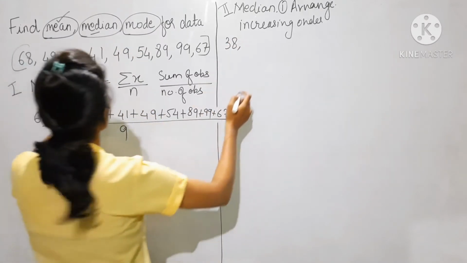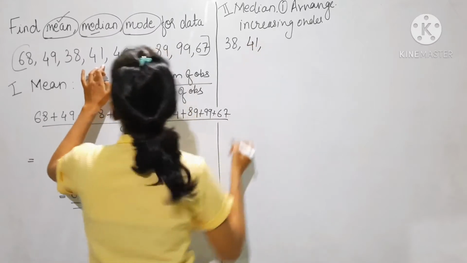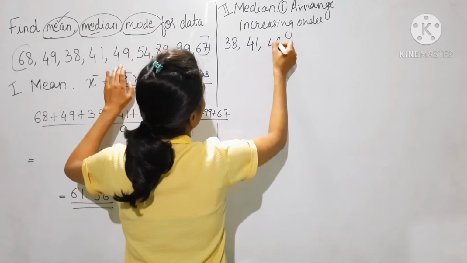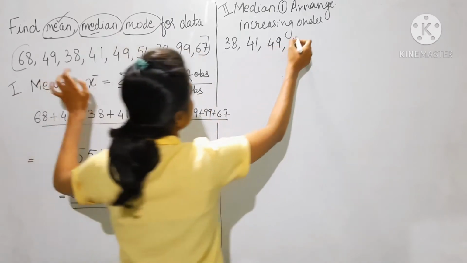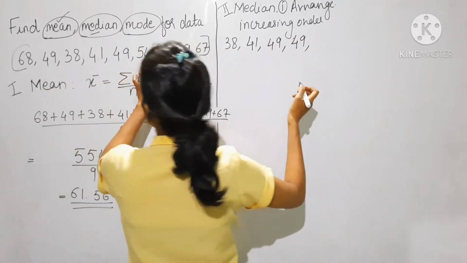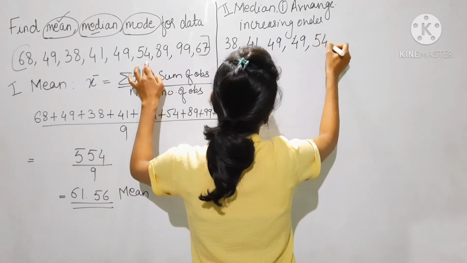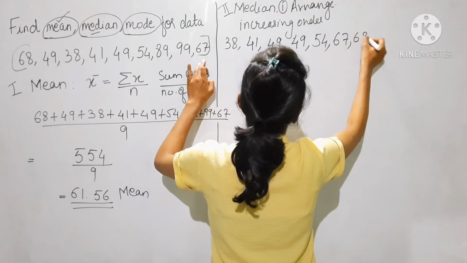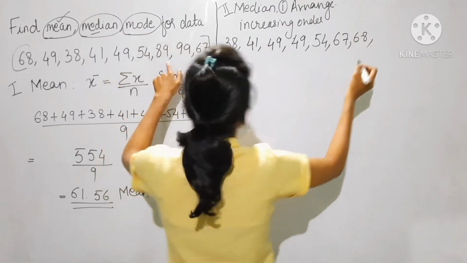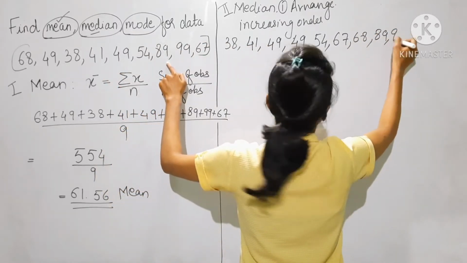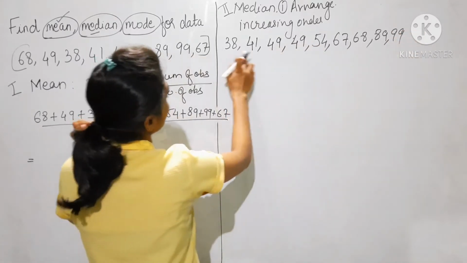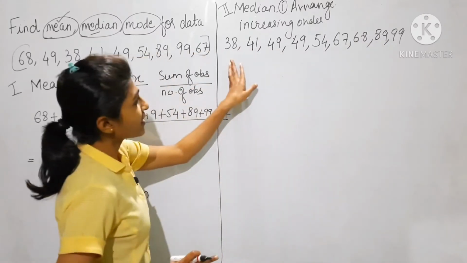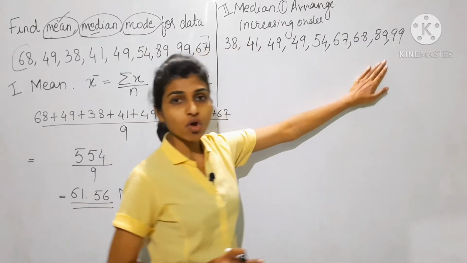After 38 comes 41, then 49, 49, two times 49 is there, then 54, 67, 68, 89 and 99. That is 9 numbers. So I have arranged the data in increasing order.